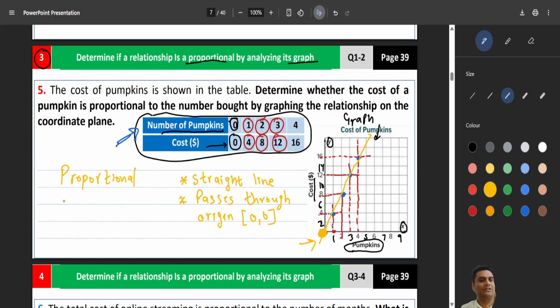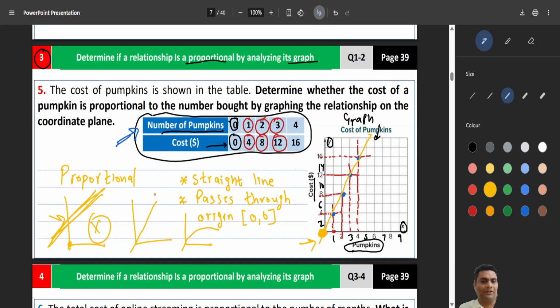Okay, let us take one small example here. These are two graphs. Okay, if one line is like this, take one more graph and other line is like this. So which one is proportional? Check the first one. This is not proportional. Why? We have a straight line, no problem, but see, it does not pass through the 0. Check, 0 is here and it is passing from here, so non-proportional.